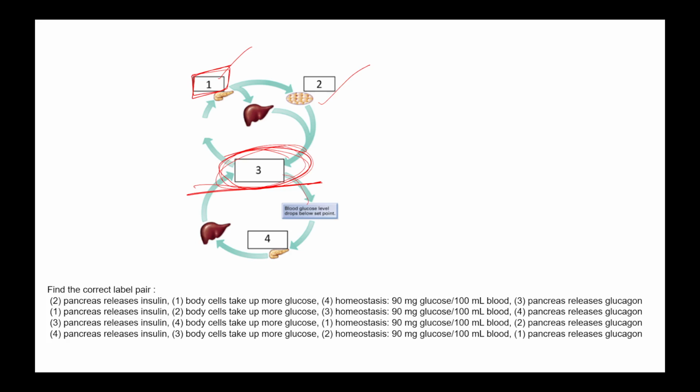Glucagon's function is to activate those enzymes in the liver cells that convert glycogen to glucose. Because when glucose uptake takes place in the liver cells, they store glucose in the form of glycogen.